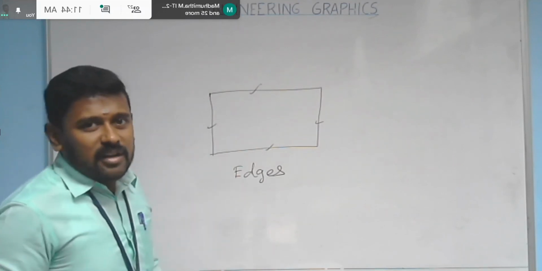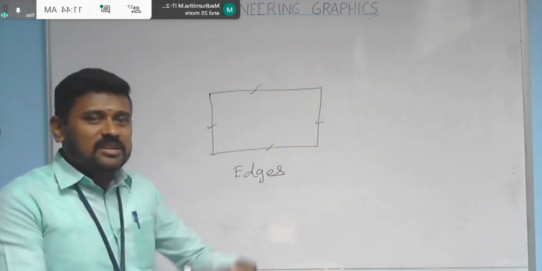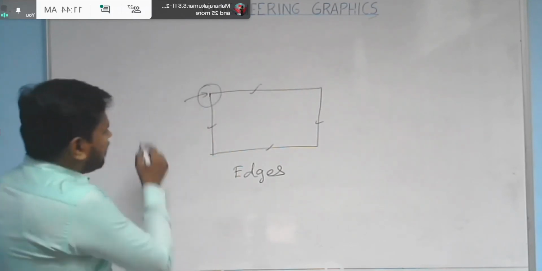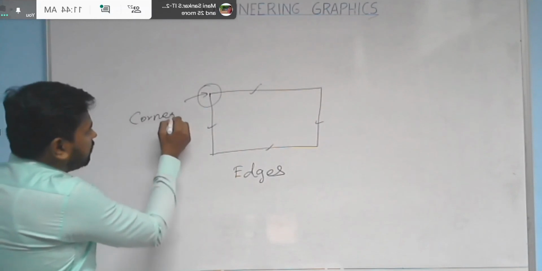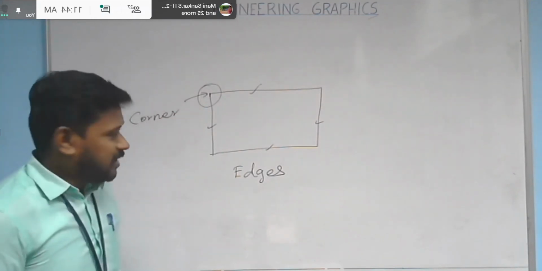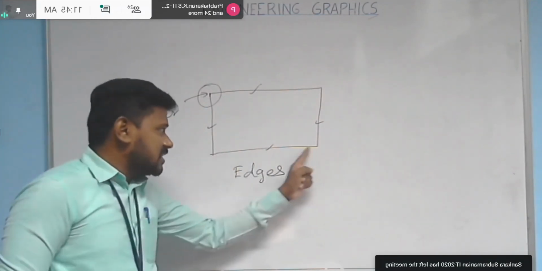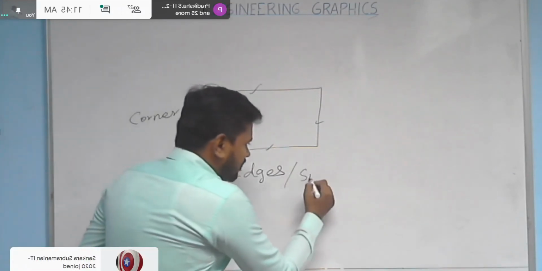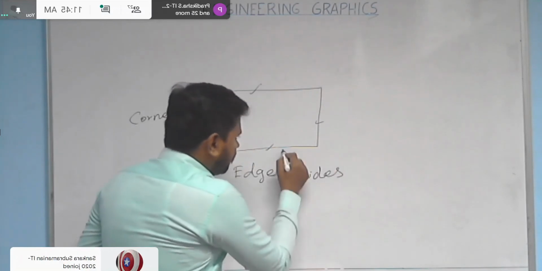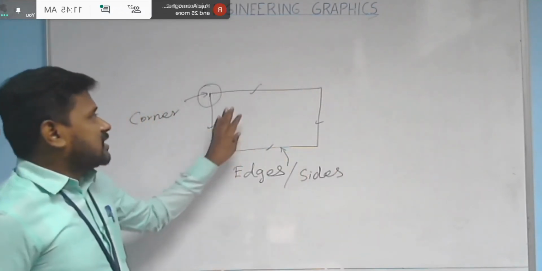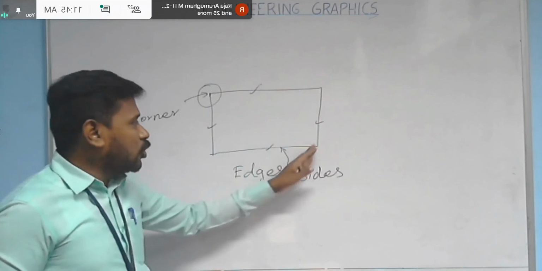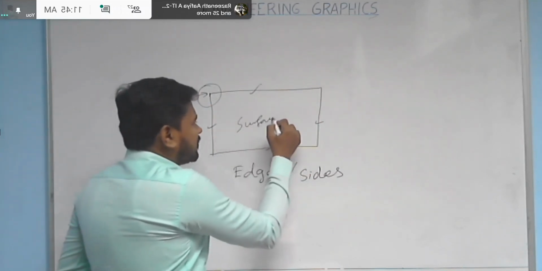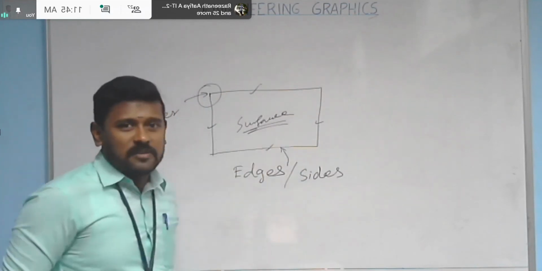The point at which two or more edges intersect is called a corner. In some books, edges are mentioned as sides. And the surface bounded by the closing sides is simply called the surface of the plane.